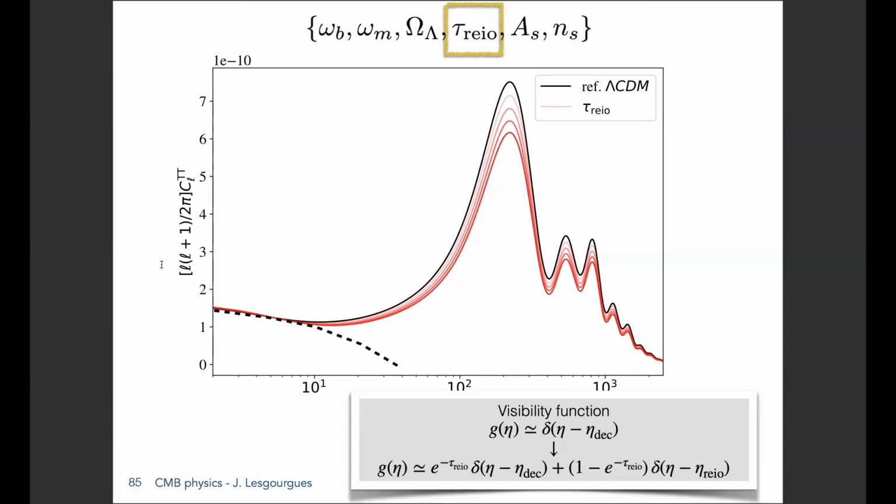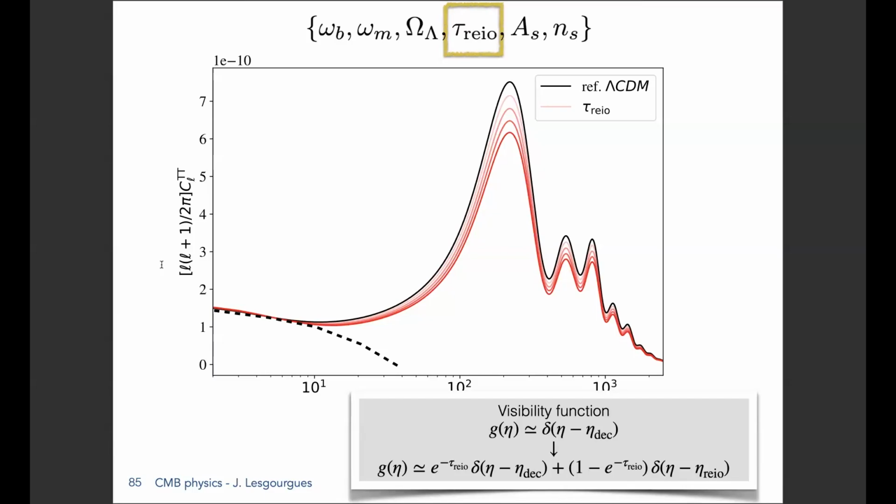And I have a second Dirac peak with a weight given by the probability that the photon last scattered at reionization, which is 1 minus exponential minus tau rho. Okay, so if I increase tau rho, the exponential minus tau rho will decrease, this parenthesis will increase, and I give more weight to the second peak.